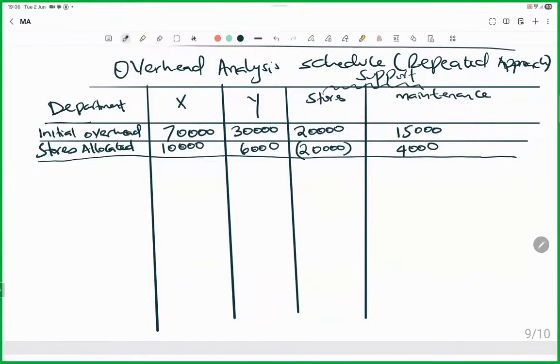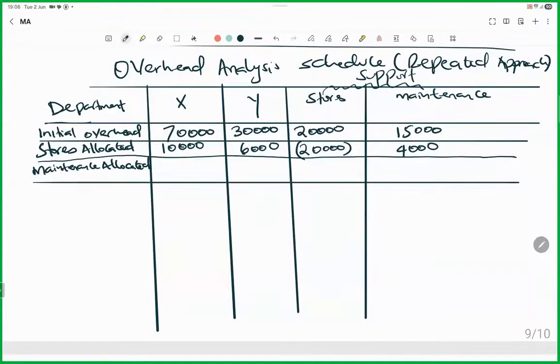So is that the end of everything? No. I'm still seeing this other department. Stores, we are lucky, is zero now. But how about maintenance? So you must mention there, maintenance allocated. How much does this maintenance have in it? 19,000.